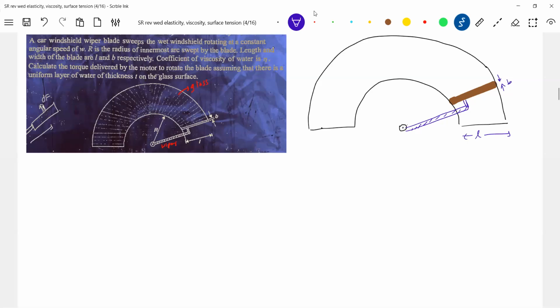Now, the engine will exert a force. So I'll write torque due to motor. It will wipe it, no? And there's a glass part. Everything is a glass. There's a wiper area where the wiper will be in contact with the glass.